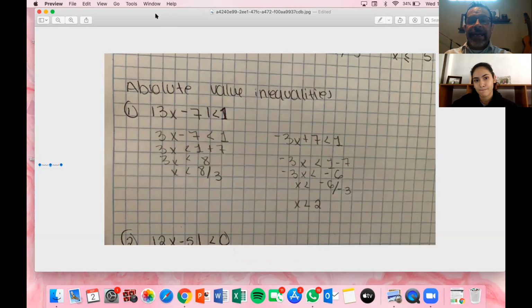In the negative scenario, we need to multiply first by -1. Another thing we have to notice is that we also have to change the symbol there, or else we're going to be in trouble. And the other thing here is that Andrea is multiplying by -1, and then she's doing the solving of the solution.